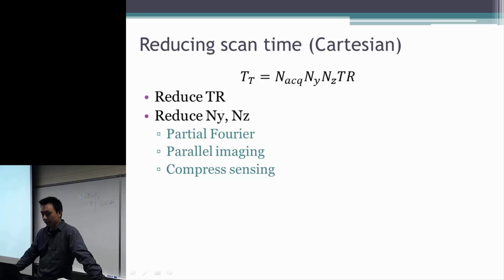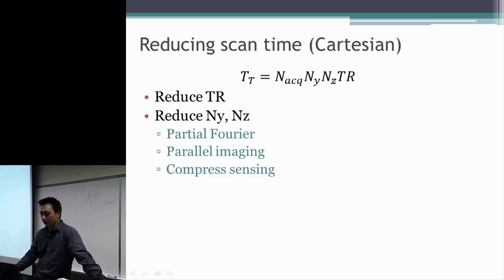Another technique is called parallel imaging. If you are reading the second edition of the Green Book, parallel imaging is now the last chapter. This is a new chapter relative to the old edition.